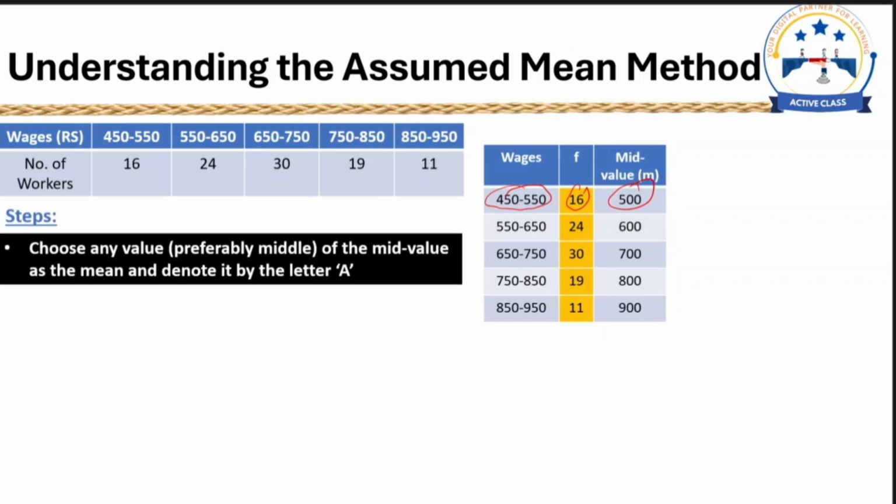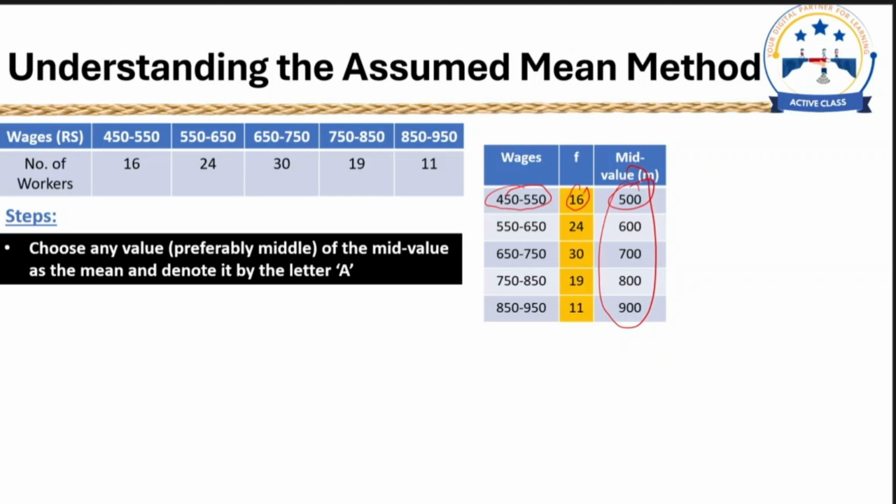First step after this is choose any value, preferably middle of the mid value as the mean and denote it by letter A. So you have to go to the mid value column, and out of these 1, 2, 3, 4, 5 mid values, you can choose any one as your assumed mean.